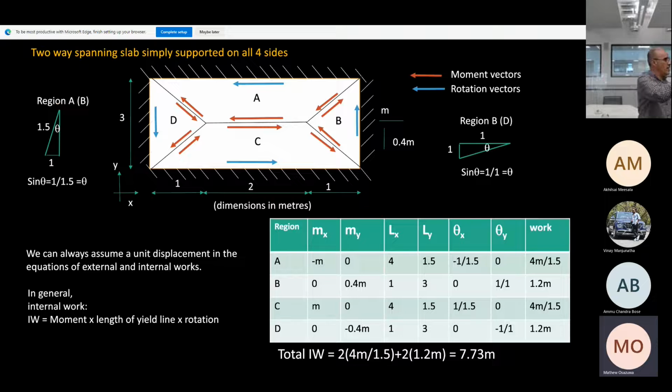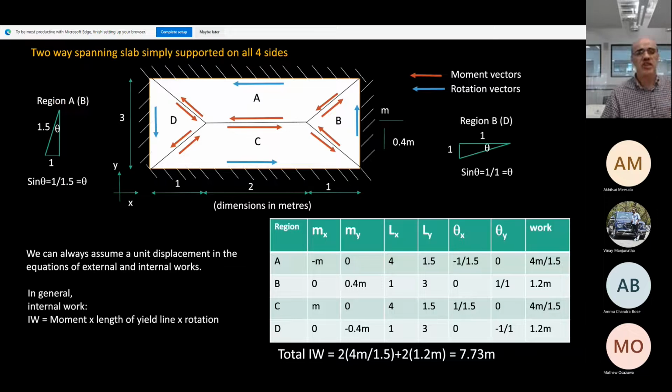We have regions A, B, C, and D. A and C are identical in terms of area because we have symmetry, and D and B are identical. The first thing we are going to do is determine the moment vectors and the rotation vectors for each region.